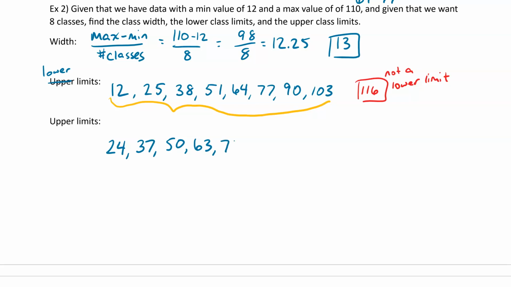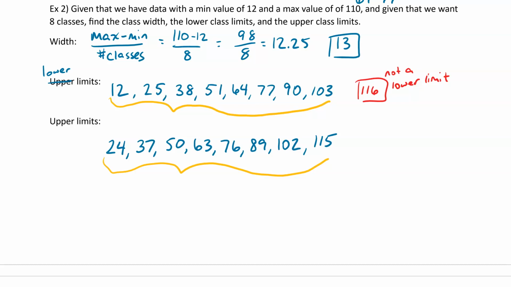From the 77, get 76. From the 90, get 89. From the 103, get 102. And lastly, from that 116, we would get 115 as our upper limit. And that is all 8 of our upper limits.